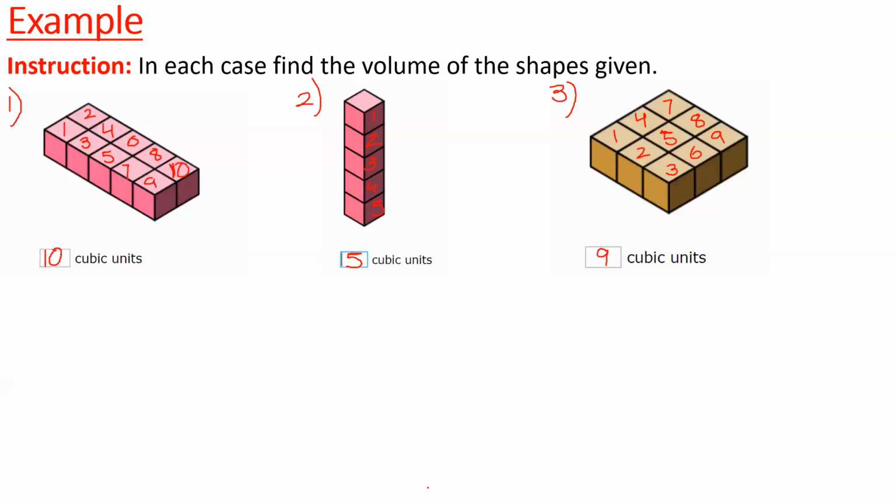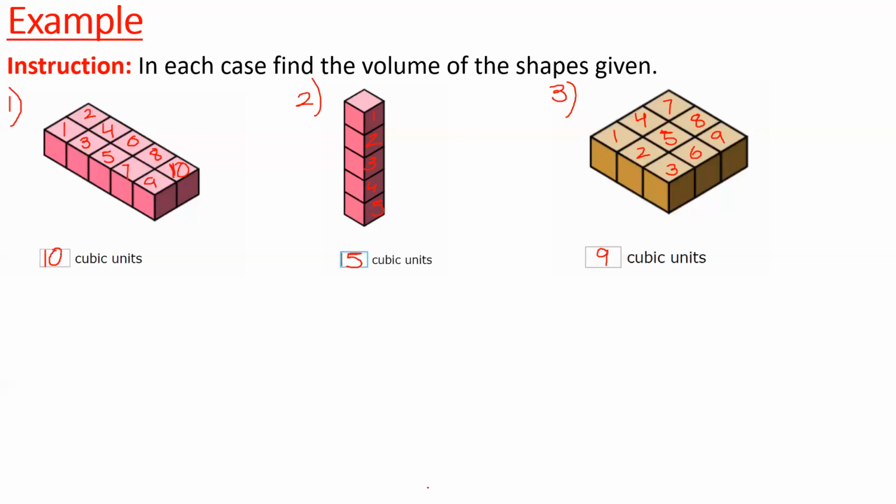Now, there is also another way that you can find the volume. You can imagine a case where they do not give you blocks, and you might be wondering, how would you find the volume?